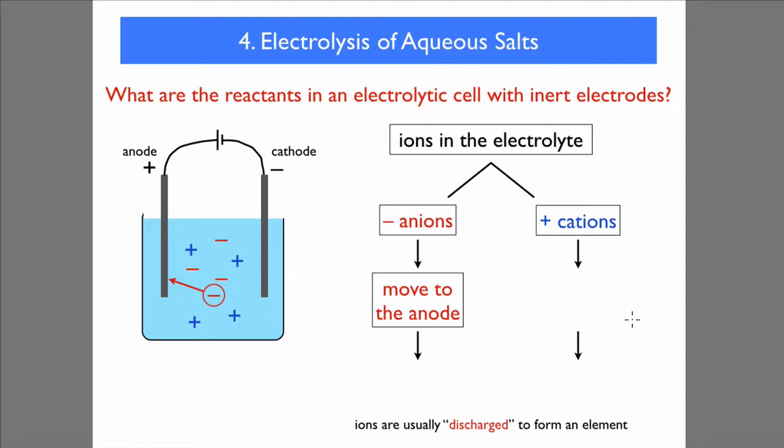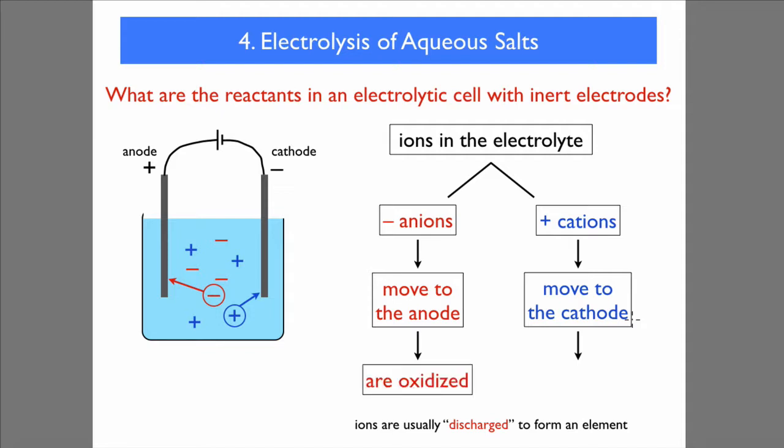The anions move to the positive anode, and cations move to the negative cathode. The anions are then oxidized. Remember AN OX, RED CAT, standing next to an ox. And the cations are reduced. And ions are usually discharged to form an element, which we've seen many a time.